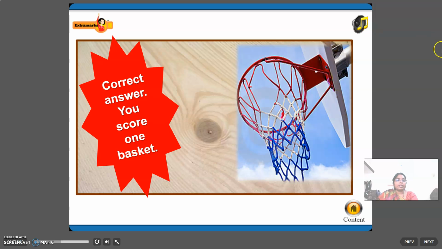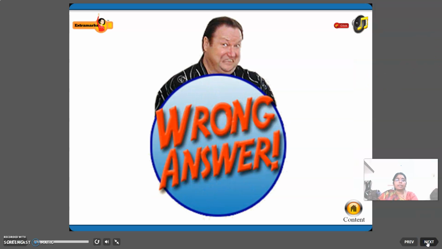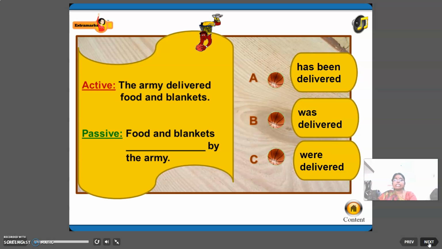So 1 ball again. So let me give a wrong answer one time. Let us see what happens. If it is a wrong answer, then what will happen? We will see in the next. The army delivered food and blankets. Food and blankets were delivered, was delivered, has been delivered. Which will be the right answer, dear?